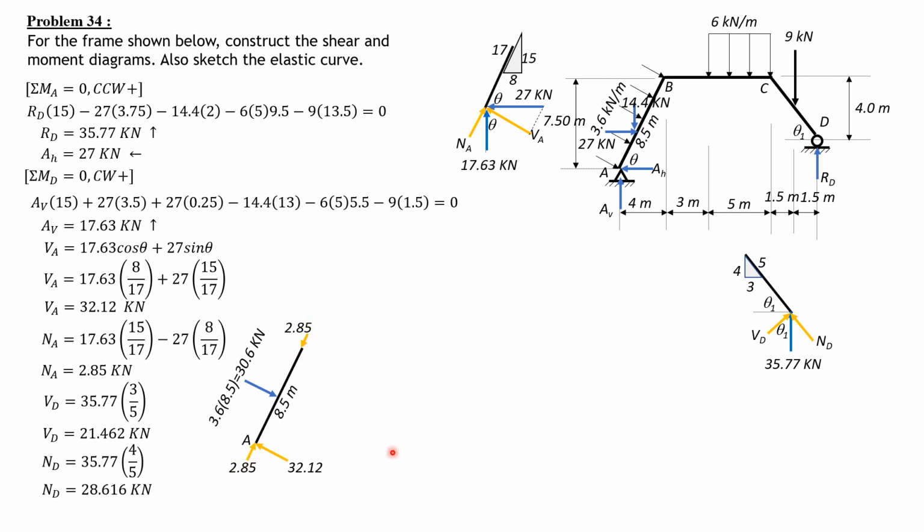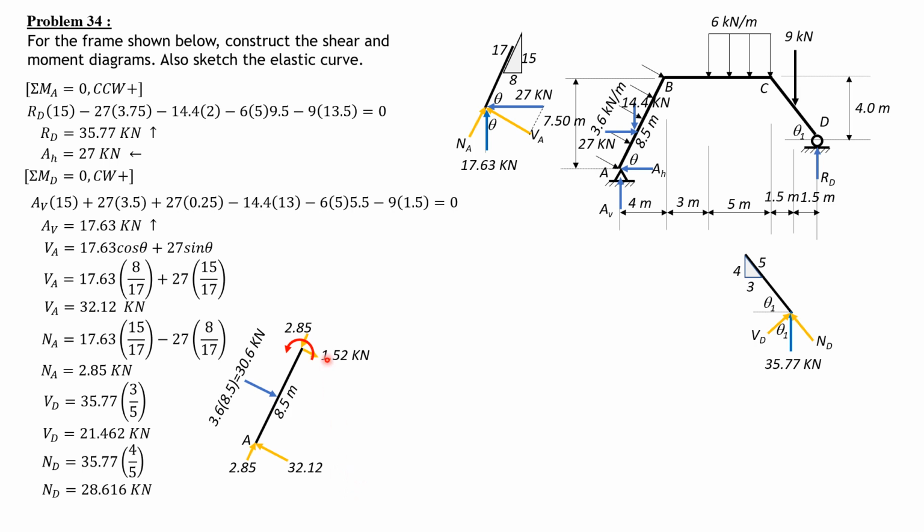Then summation of forces perpendicular to the axis of the member: 32.12 is greater than 30.6, so the shear at this end at B is going down. 32.12 minus 30.6 is 1.52. Then let's have this element here. The moment, by the way, is, let's assume, counterclockwise, opposite to this moment.